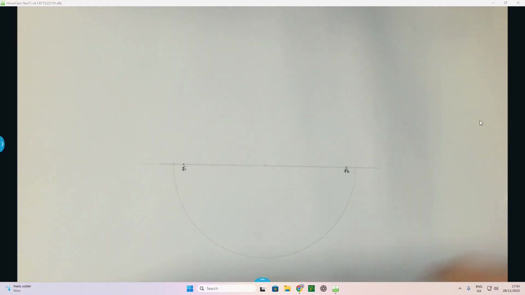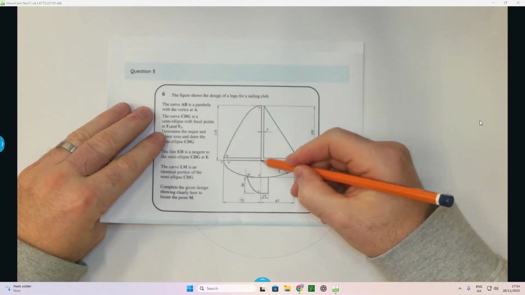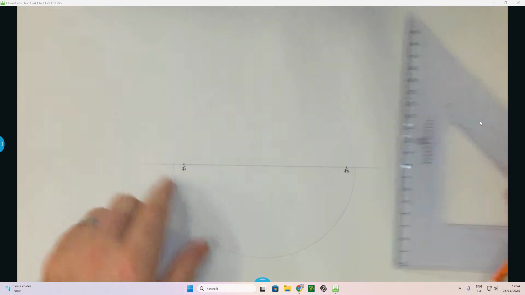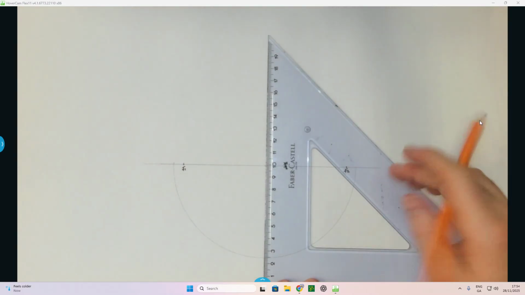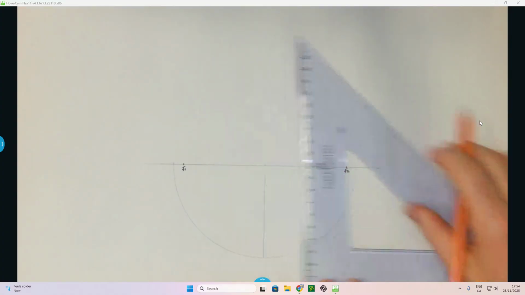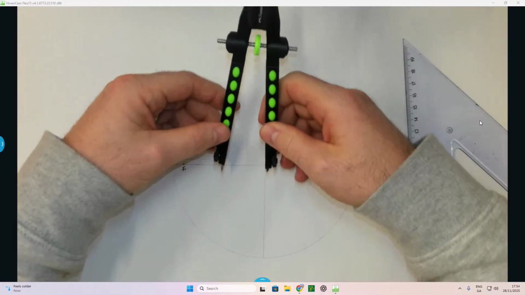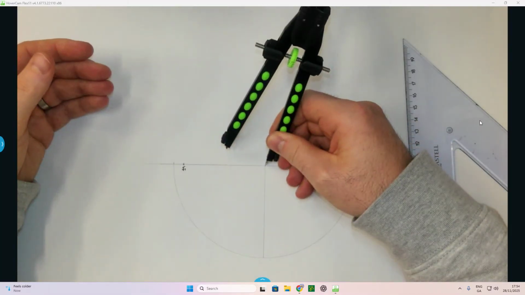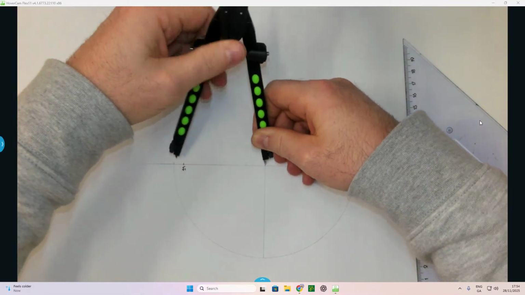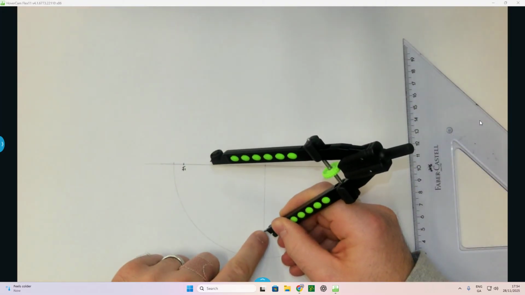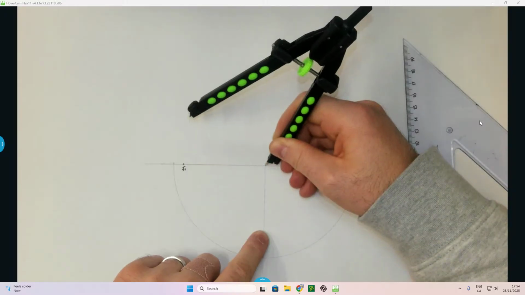Now, rule of thumb here, we're not given the distance down to the minor axis, we're not given the distance down to D, so we have to discover it ourselves. But what we do know is, because the major axis is horizontal, the minor axis has to be vertical. One way we can find the minor axis is to take the principle of how we initially find focal points, which is, if you take half the major axis and swing it from the top of the minor, you can find the focal point, so we can apply that in reverse.